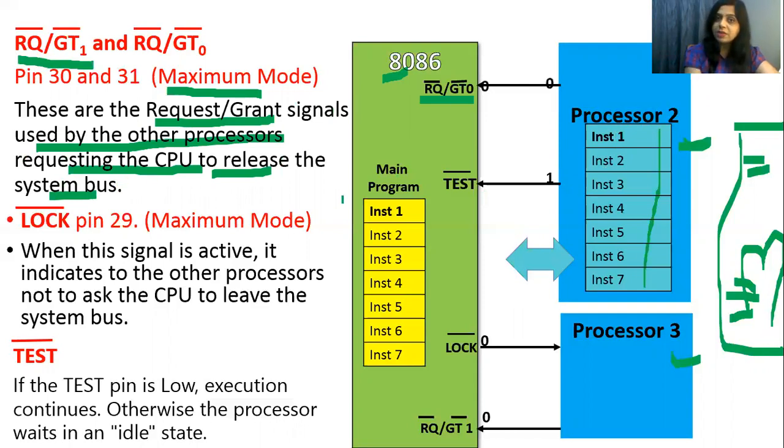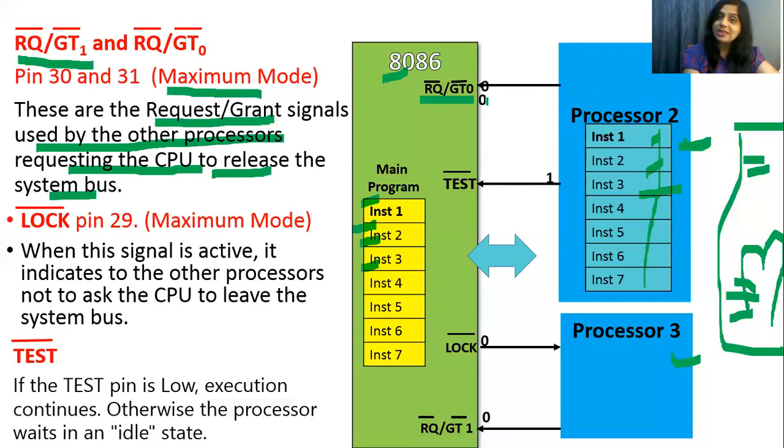So what happens? Let's take an example that 8086 is currently executing its main program. In between, this processor 2 also wants to execute its instruction. So what will processor 2 do? Processor 2 will transfer logic 0 on the request pin to 8086, requesting for the buses.